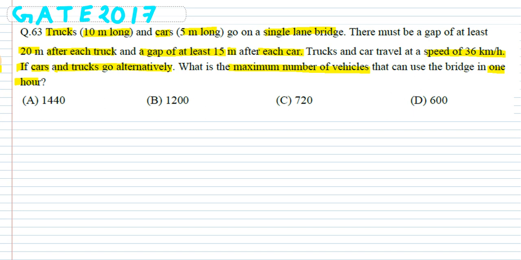Okay, let's solve this. They have mentioned cars and trucks are going alternatively. So suppose first a car is going, it has to maintain a gap of at least 15 meter after each car. So suppose the car length is 5 meter, and after that we have to maintain the distance of 15 meter.